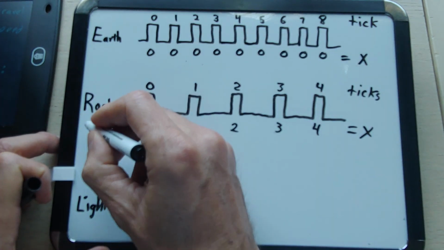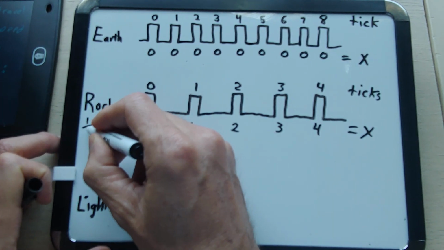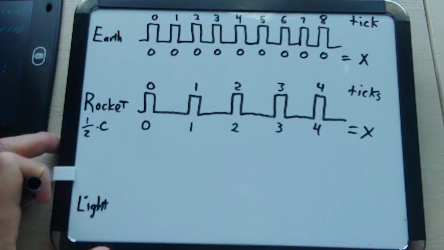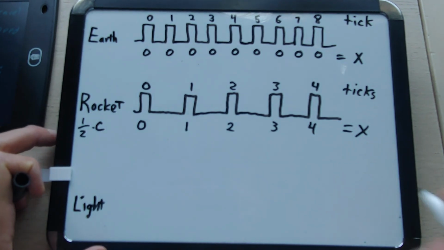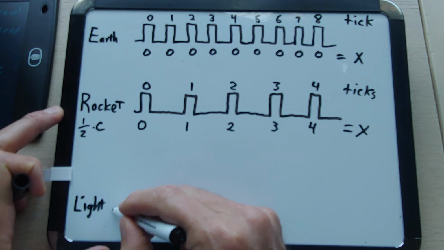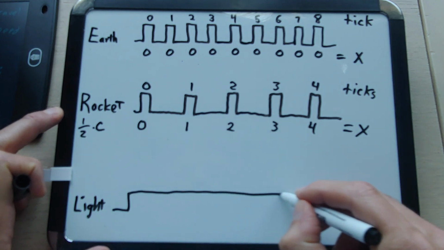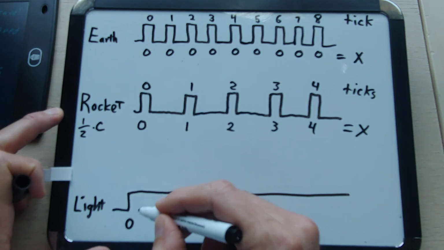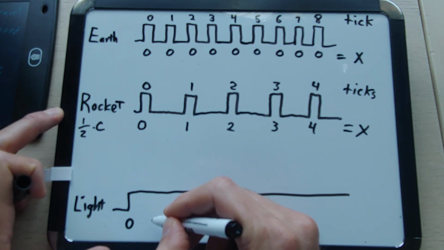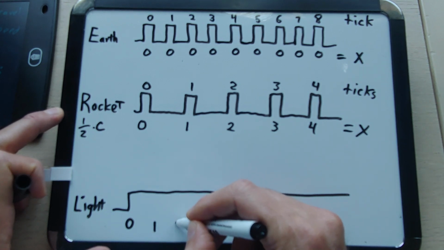Now let's say he's just going at 1/2 the speed of light. So light is going to travel, and it's not going to have any ticks. It just never ticks. Okay, but its position is this.